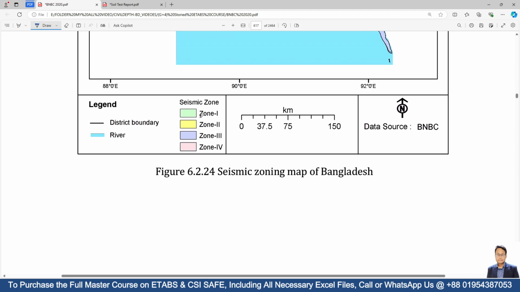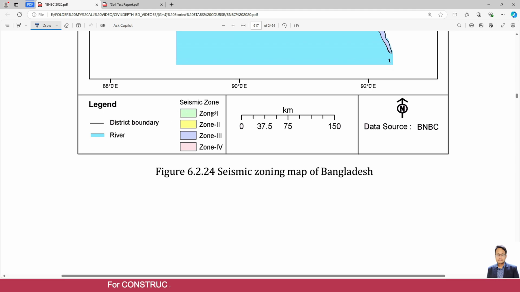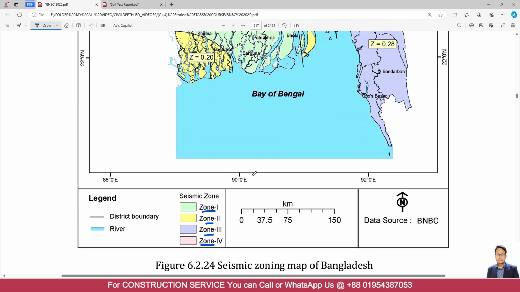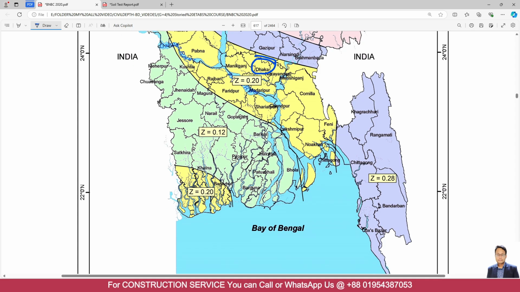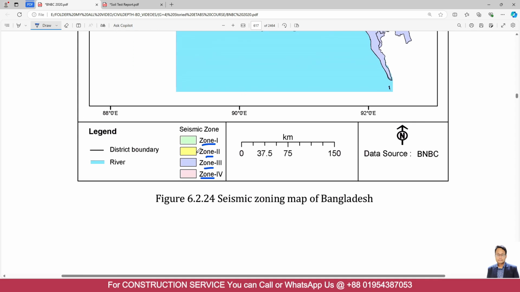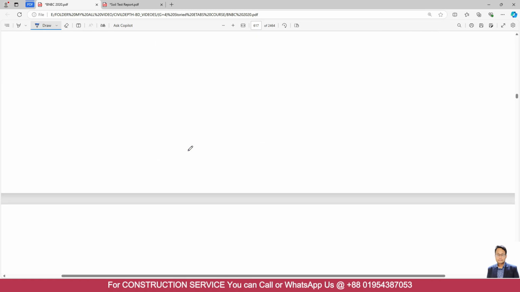How can we understand this? Here you can see this green color is for zone 1, yellow color for zone 2, blue color is zone 3, and red color is for zone 4. Here we can see Dhaka is located in the yellow zone. That means Dhaka is in zone 2.